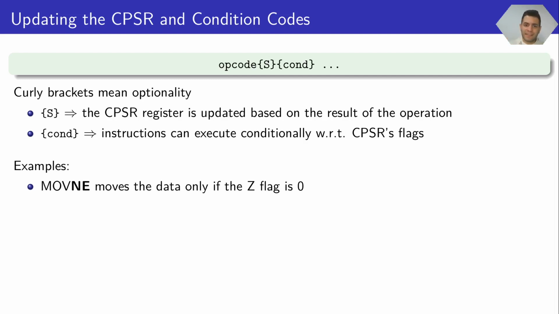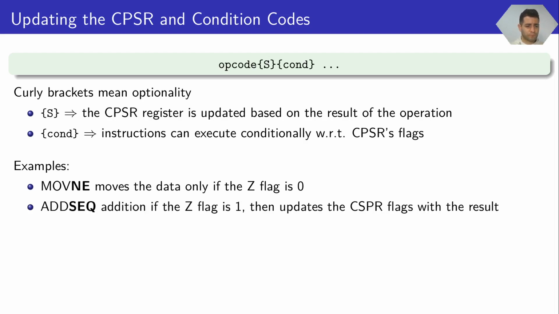This doesn't exist in x86, so I think it's something new for you. Then we have ADDSEQ. It means that you have to perform this addition if the Z flag is 1, and then you have to update the CPSR register with the result.